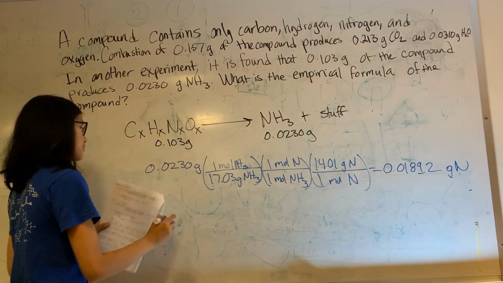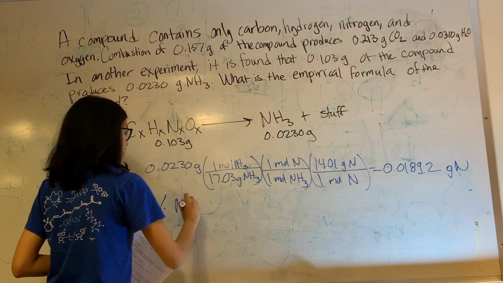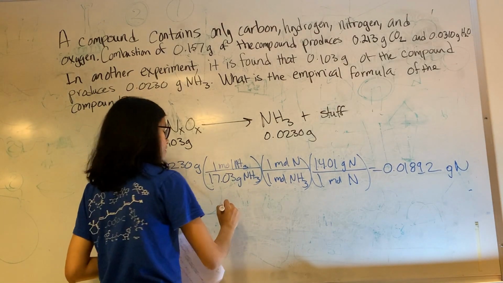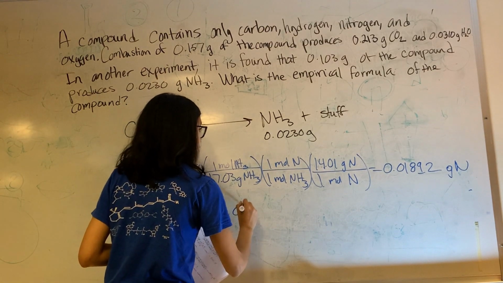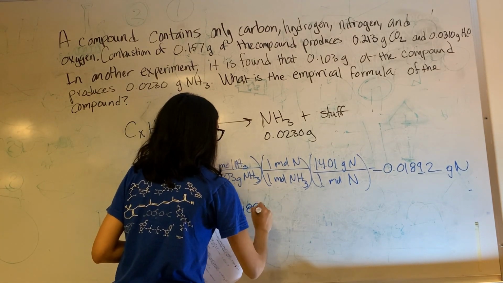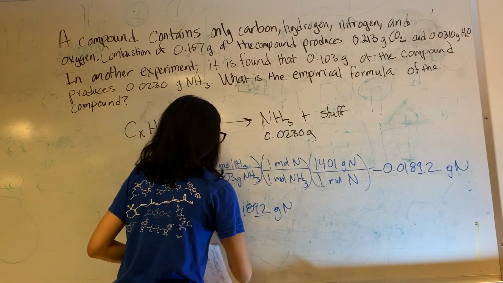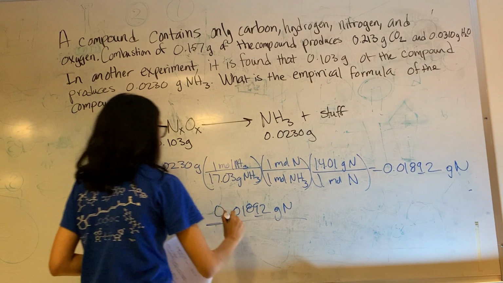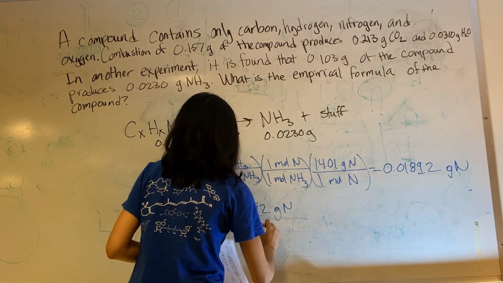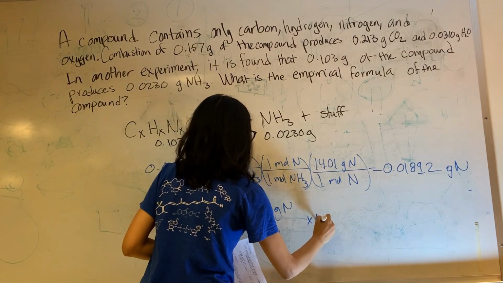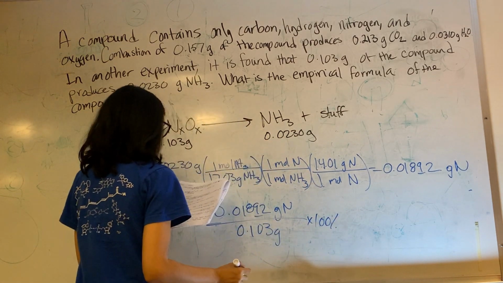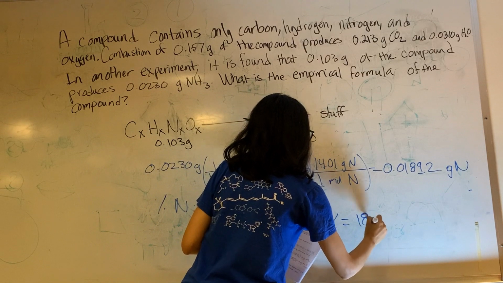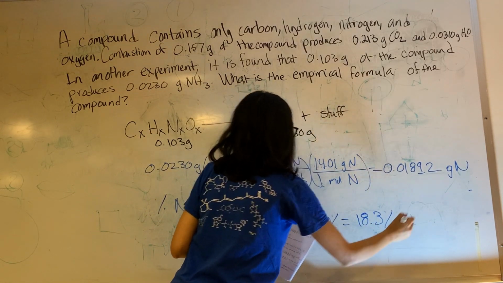Okay, so percent of nitrogen, same route as before, just remember to use the right sample this time. So you have 0.01892 grams of nitrogen that we just discovered, and we're going to use this sample, not the other one, as our total mass times 100, and that will give you 18.3% nitrogen.